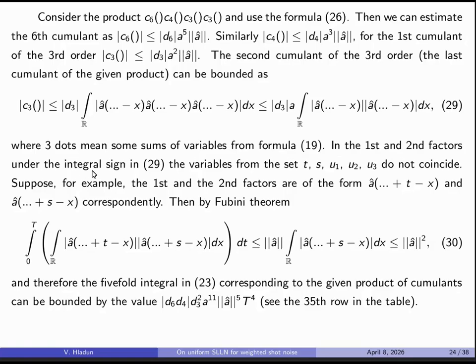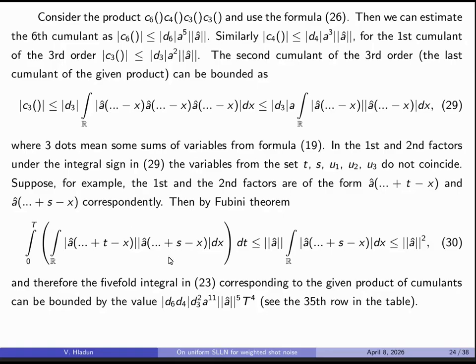In the first and second factors under the integral sign in 29, the variables from the set T, as U1, U2, and U3, do not coincide. Suppose, for example, the first and second factors contain variables T and S as arguments correspondingly.